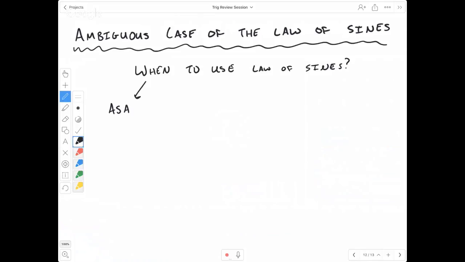Sometimes we use it because we have angle, angle, side. In both those cases, we're going to find a side. And sometimes we use it where we have side, side, angle, and this one is potentially ambiguous.